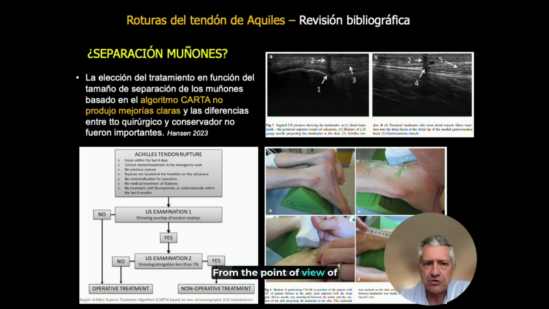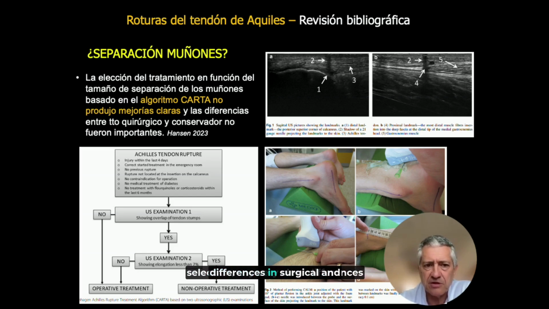From the point of view of the literature review, the separation of stumps is probably the most important element, but even in a fairly recent study by Hansen, which focused precisely on selecting treatment based on the size and separation of the stumps, they made an algorithm described in the slide, but they did not see, even in the case of patient selection, very clear differences.